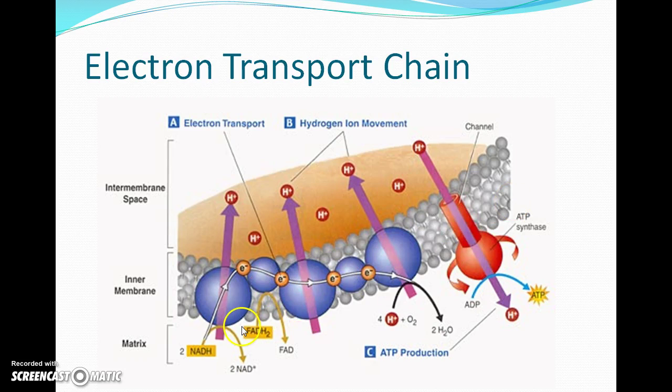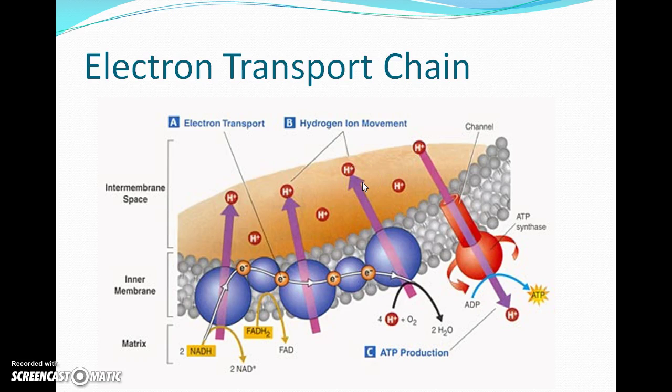We have this phospholipid bilayer just like in your cells, so you can see the little phospholipid heads and tails. And there are all of these proteins that line up through that membrane. These proteins pump hydrogen across as these electrons move through them. So the FADH2 and your NADH provide these electrons, and as these electrons travel through these proteins, it's pumping hydrogens into the space between the two membranes.